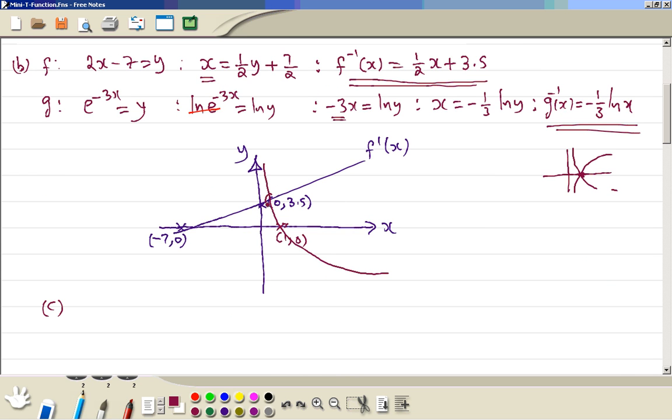So there's only one solution there, or one root, because there's only one intersection. This line is always increasing, this curve is always decreasing, so they're never going to meet again. It's only one point where they meet.